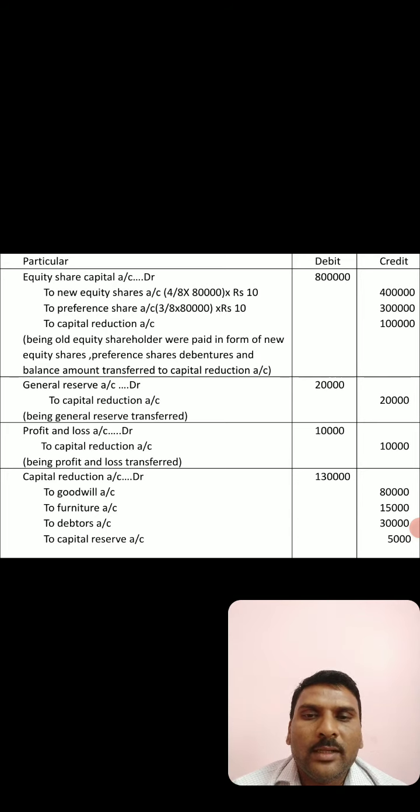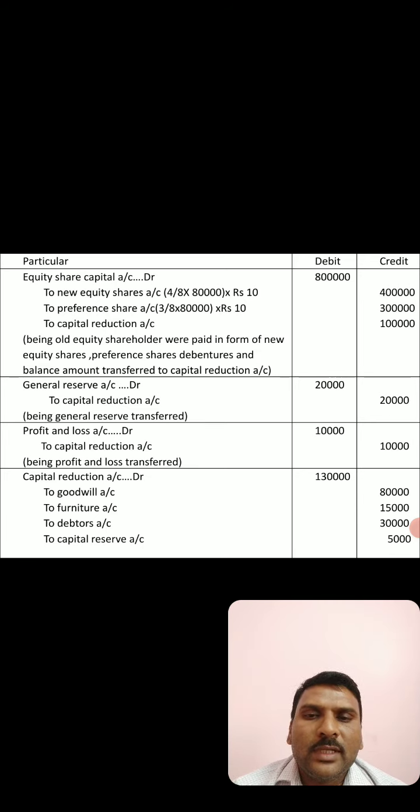Same way, there was a credit balance of general reserve account of rupees 20,000. Such amount is also transferred to capital reduction account, and the profit and loss account credit balance of 10,000 is also transferred to capital reduction account by passing a journal entry, profit and loss account debit to capital reduction account.